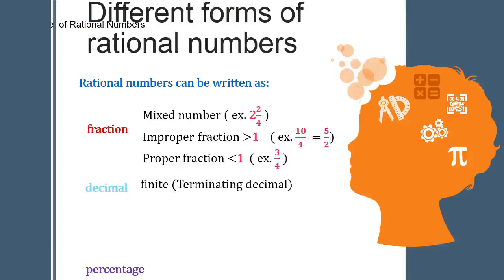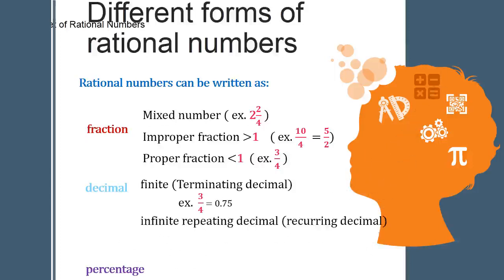The first one is the finite decimal, which has another name, terminating decimal, such as 3 over 4, for example, 0.75. That means I have a finite number of digits after the decimal.